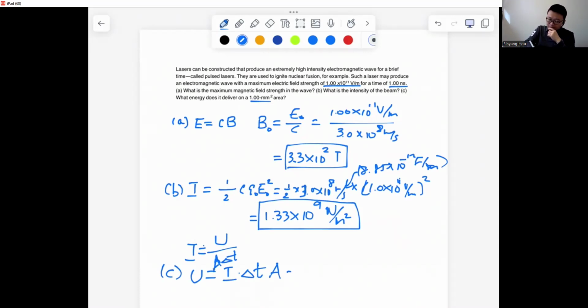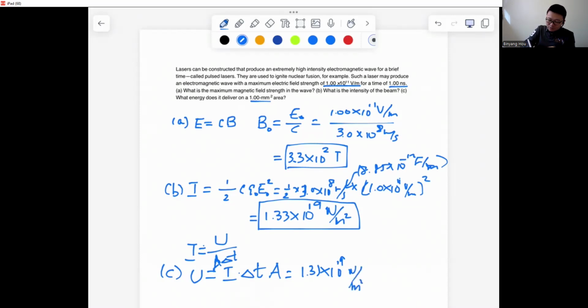Then we'll just use those numbers, 1.33 times 10 to the ninth. Actually, 19th. Sorry about that. Previously that's 10 to the 19th.